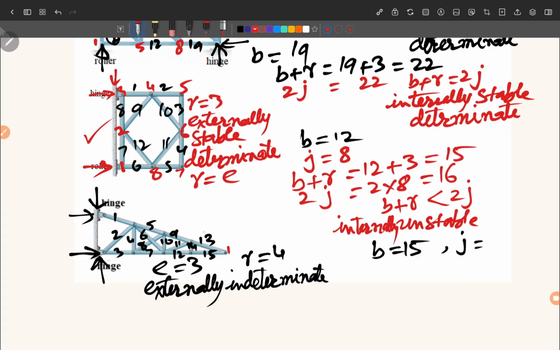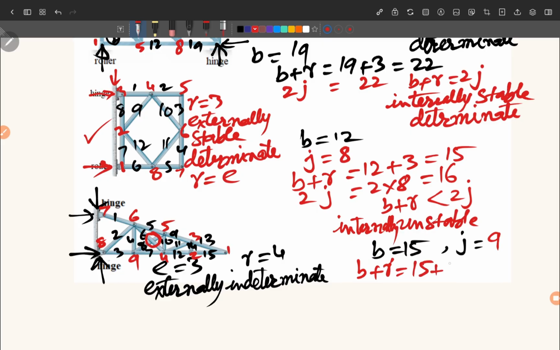So 1, then 2, 3, 4, 5, 6, 7, 8 and 9. There is no other joint. Okay, so these two rods are overlapping, so we will not consider this as a joint. This is not a joint. So joints are 9.